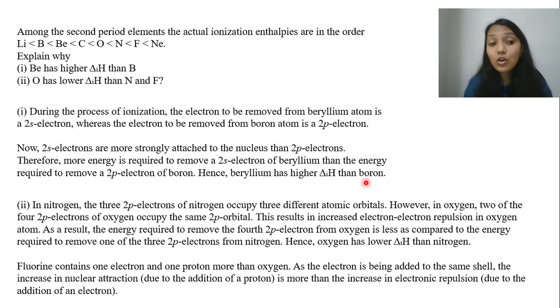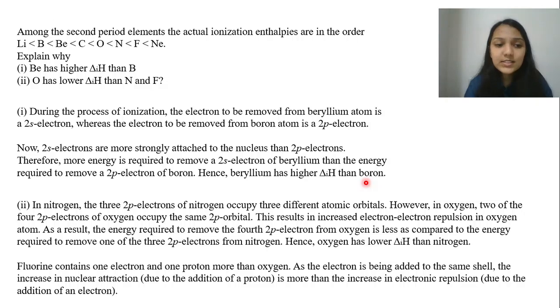But in case of oxygen, it's 2p4. So 1, 2, 3, and the fourth electron comes back to one of the p orbitals. Suppose px has 2 electrons. In this case, there will be repulsion between these 2 electrons, and when there is already repulsion, it is easier to take away an electron from that atom.